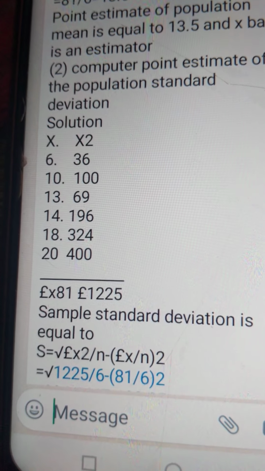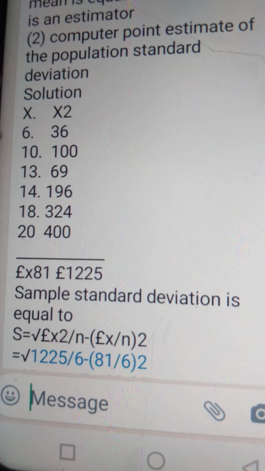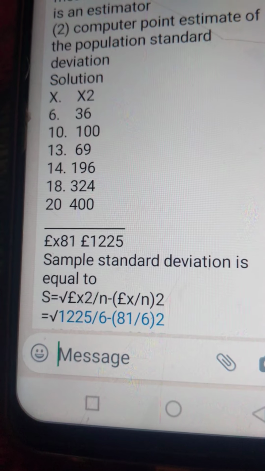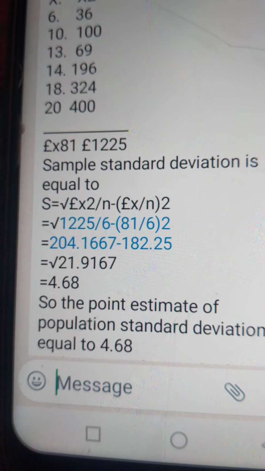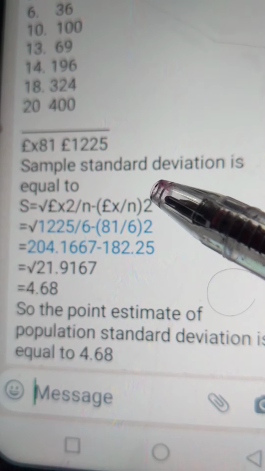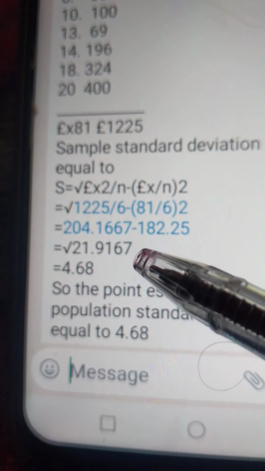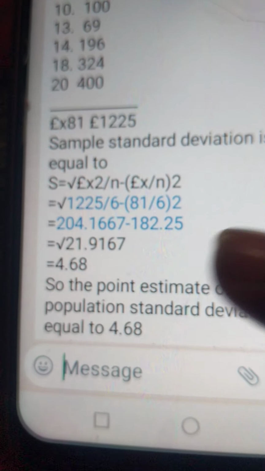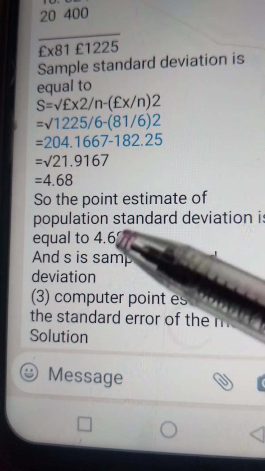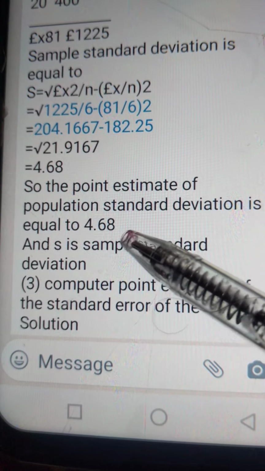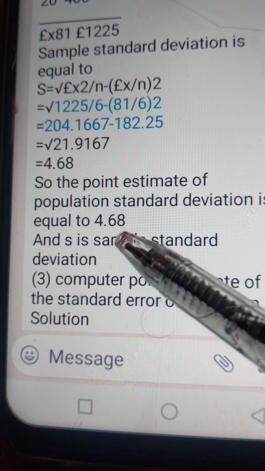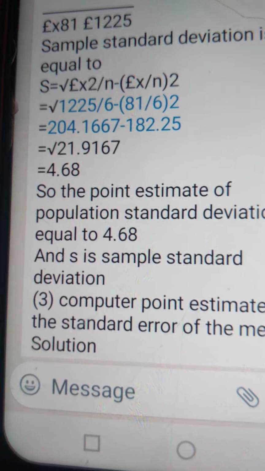So these are the x values, this is summation x, and then this is the formula for the sample standard deviation, and this is the value of the sample standard deviation, and the point estimate of the population standard deviation is equal to 4.68.